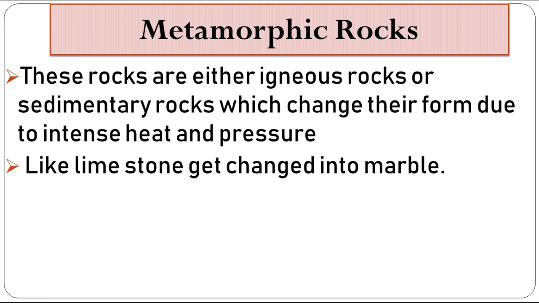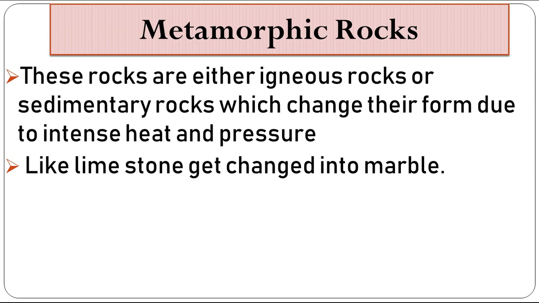When they go deep inside the earth, they face a lot of heat and pressure. And due to this heat and pressure, igneous rocks or sedimentary rocks change their properties, and they form a new type of rock which we call metamorphic rocks.